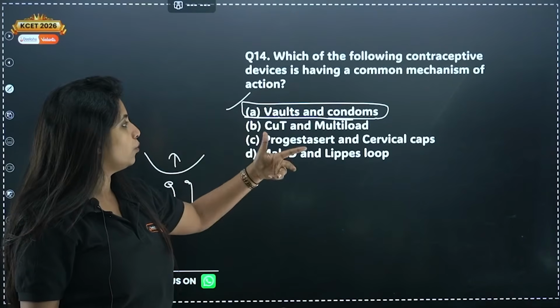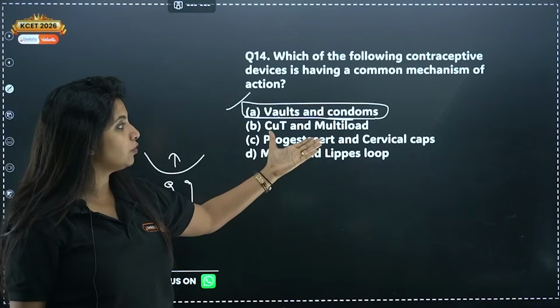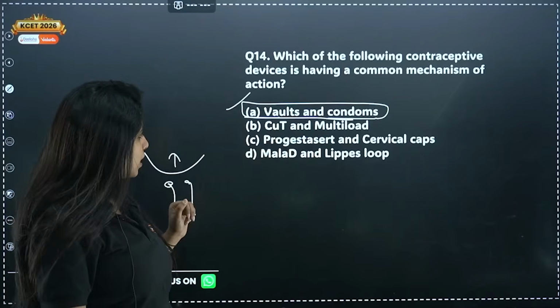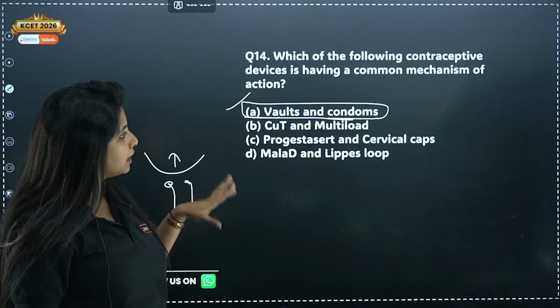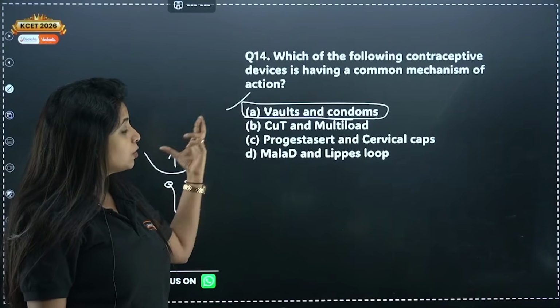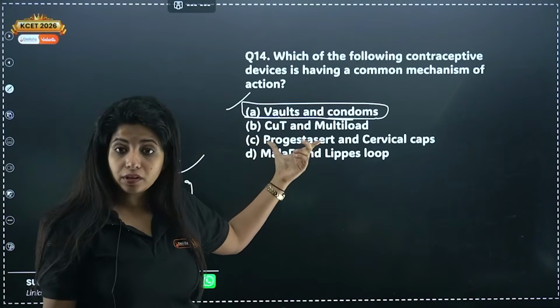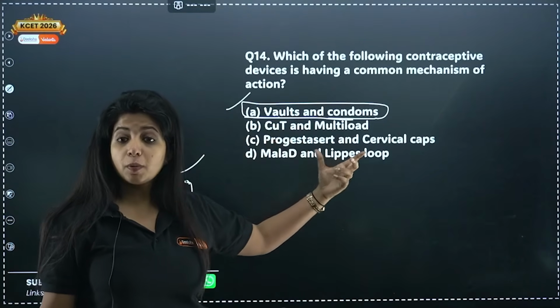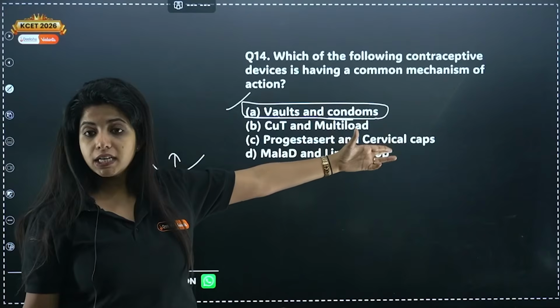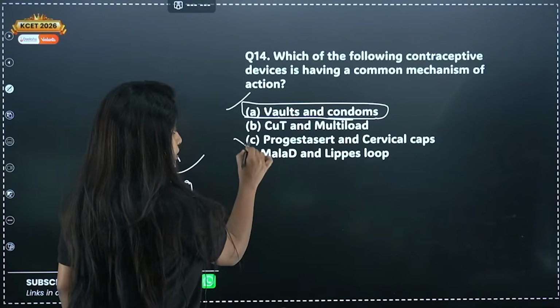CUT and multi-load. CUT is copper releasing and multi-load 375 is also copper releasing. Progesterone and the cervical caps, my dear children. Progesterone is a hormone releasing thing, whereas cervical caps are a barrier method. So this is the odd one out.